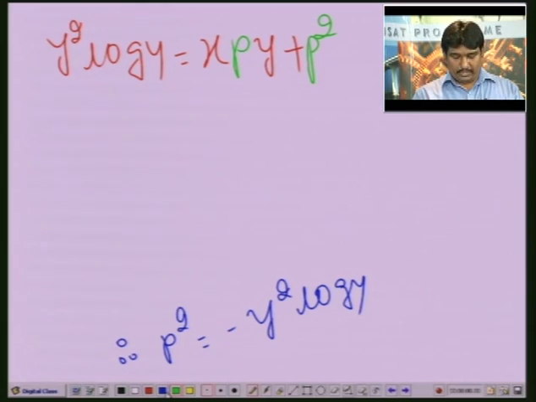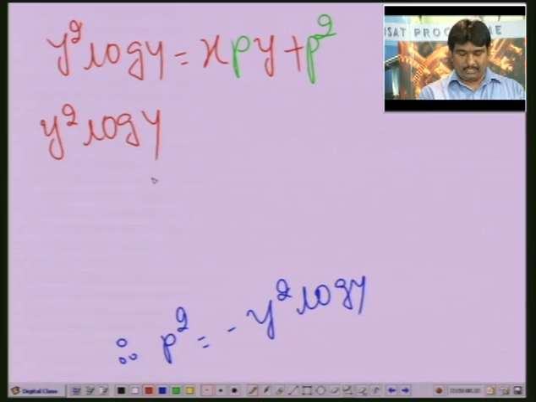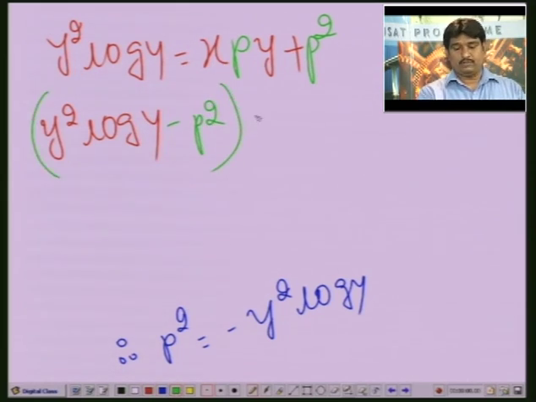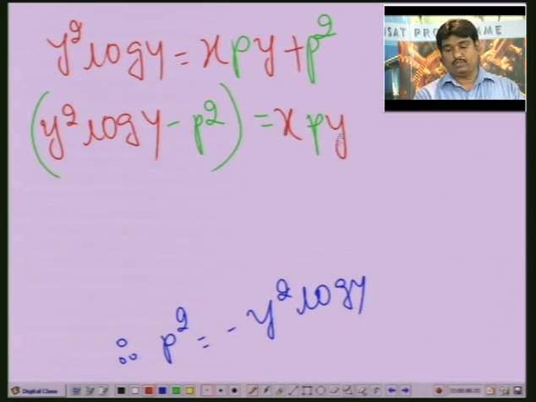So one way of doing this is expressing this as an equation involving only even powers of p, which is easy because I have a value for p square here. For that, I'll shift this p to the left hand side, that is, y square log y minus p square equals x into p into y. I have to eliminate this p.